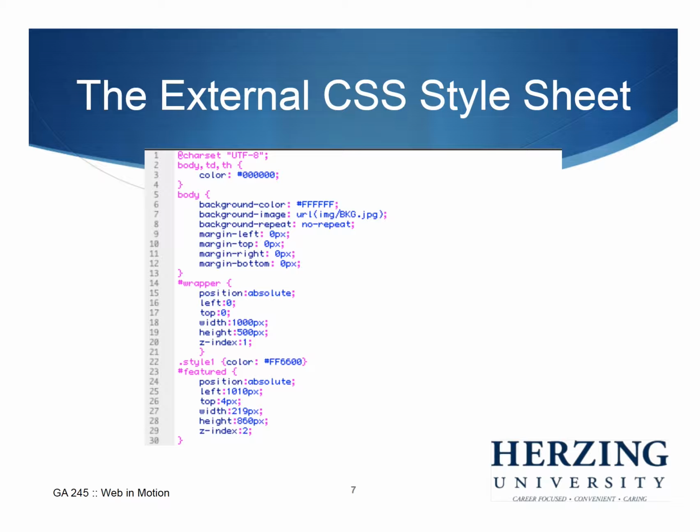Here's what the external style sheet would look like. Notice not too much, but you do see the syntax. Here we see the body tag redefined, we see a div ID for wrapper, and we see a class for style 1.